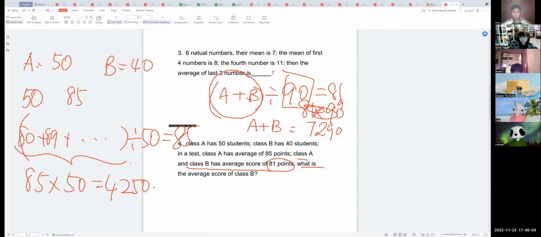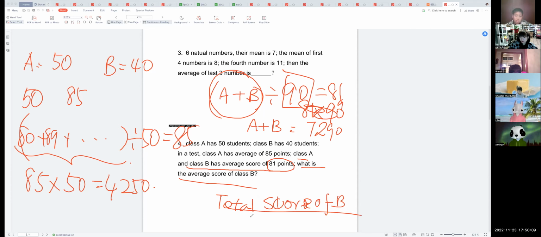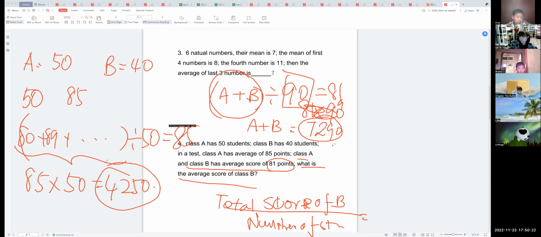Okay, so what is the average score of B? The average score of class B is the total score of B divided by the number of students. So what is the total score of B? The total score of A and B is 7,290. The total score of A is 4,250.